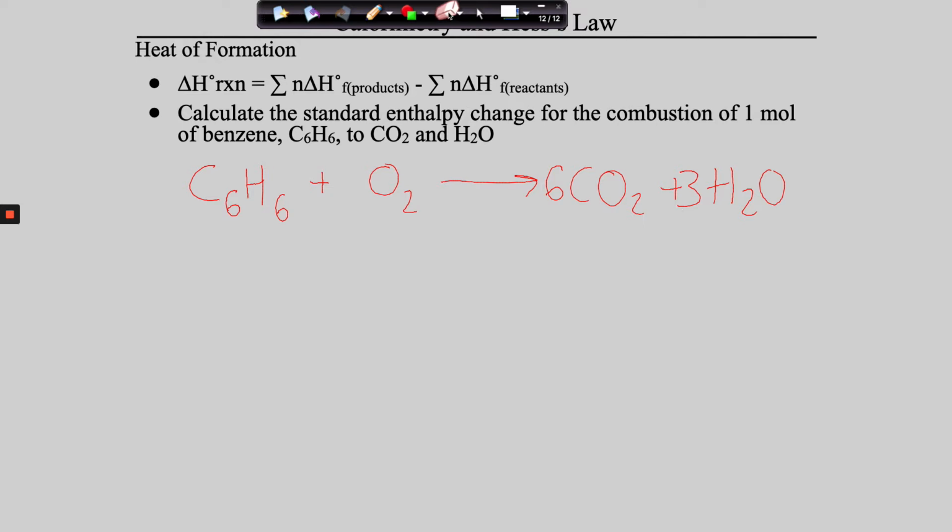So in order to fix that, we need to double our odd number. So this becomes a 6. But that then gives us 12 hydrogens. So that means we need a 2. And now we can balance the oxygens because we've got 12 plus 6 is 18. So that means we need a 9.